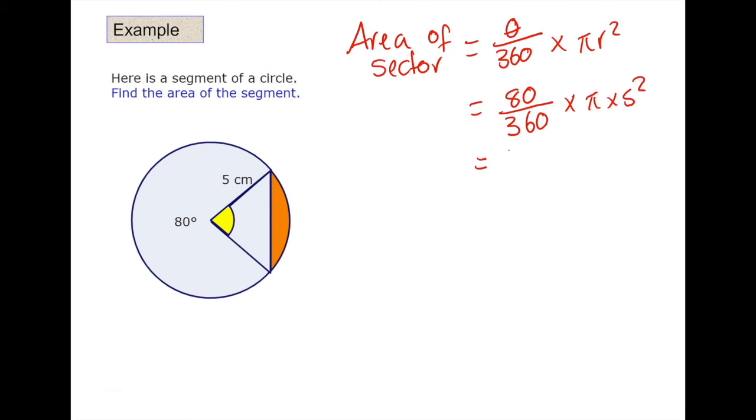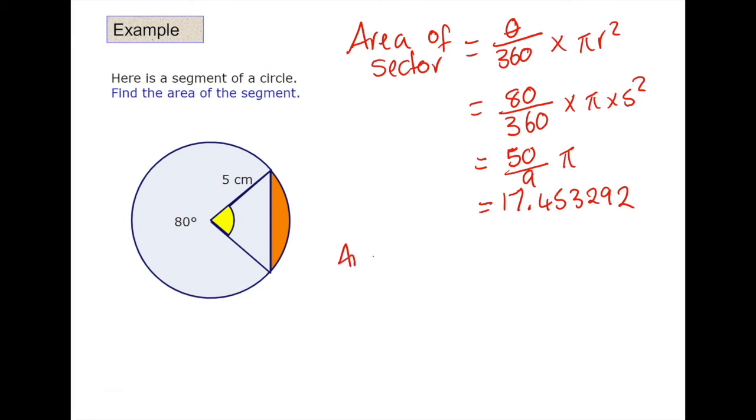So that will give you on your calculator 50 over 9 pi, which will then give you 17.453292. Now, because we're going to be using that area for the next part, keep it to as many decimal places as you can for accuracy.